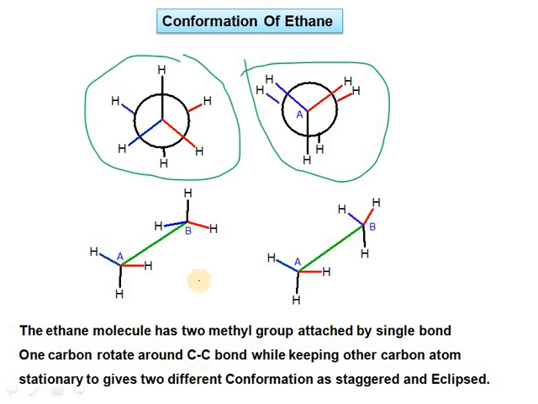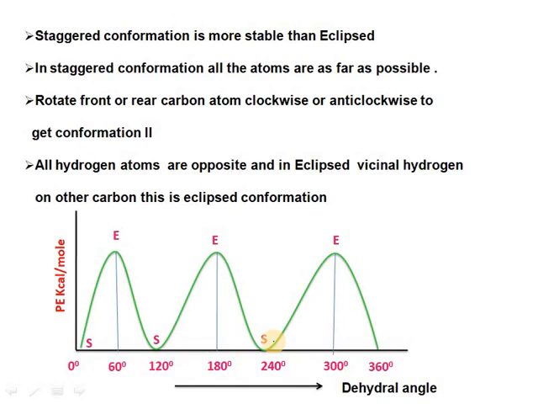One carbon rotates around the C-C bond while the other is kept constant or stationary. So they give us two different conformations, staggered or eclipsed.